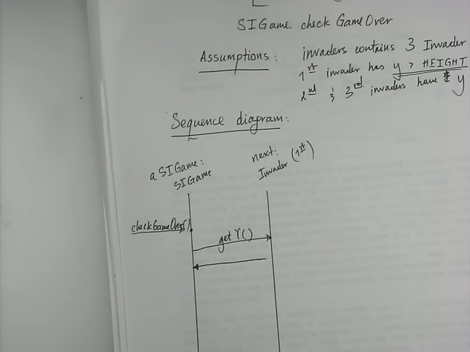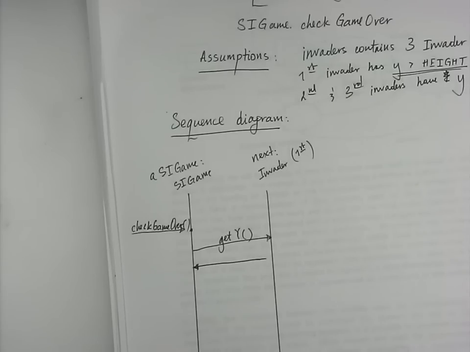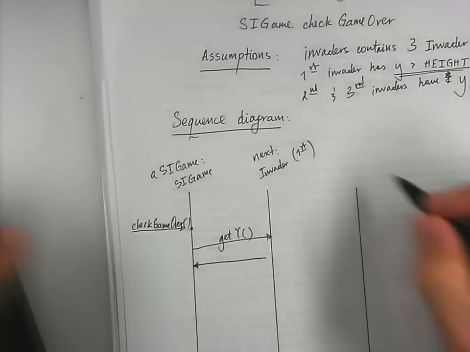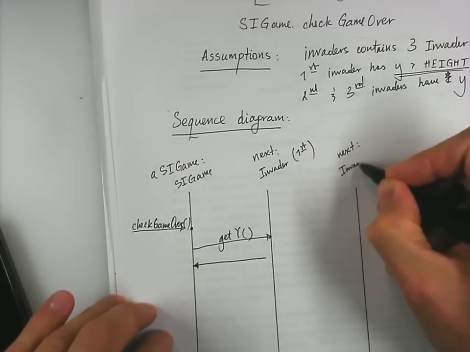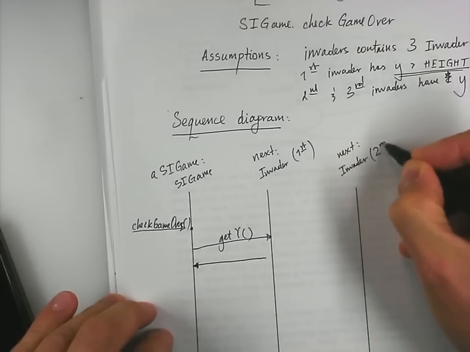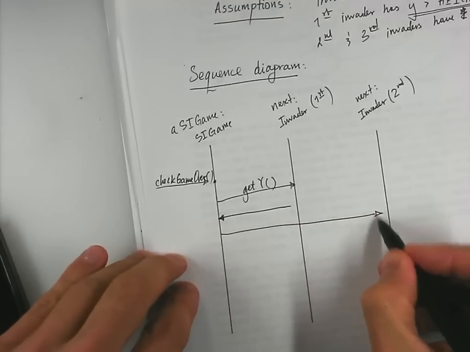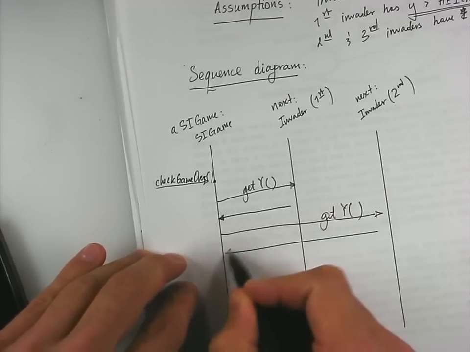So I have 3 invaders. I needed to tell you that there are 3 invaders because probably I'm going to use all of them. This is why we have assumptions. So we'll call get y on the next invader. I have another next. It's also an invader, this time the second one. And now I call get y on the second invader and return back from it.